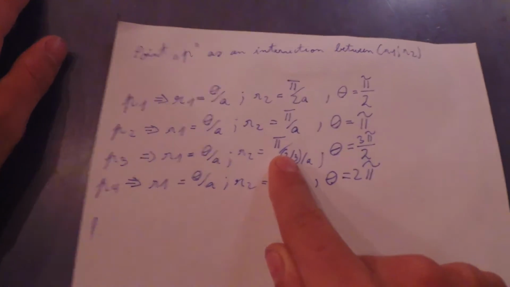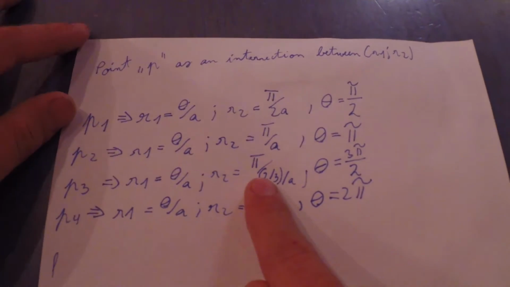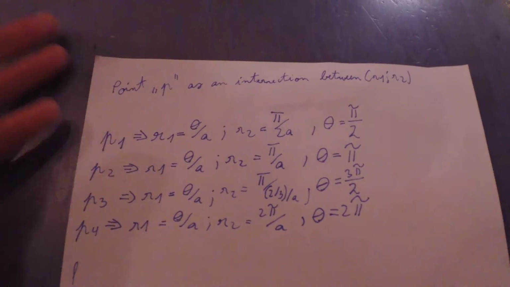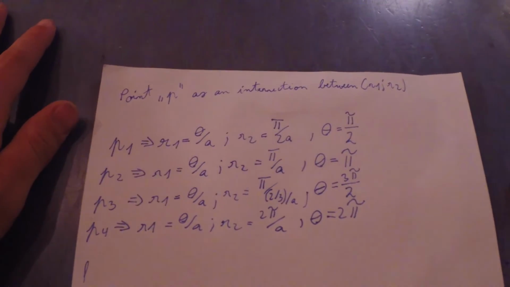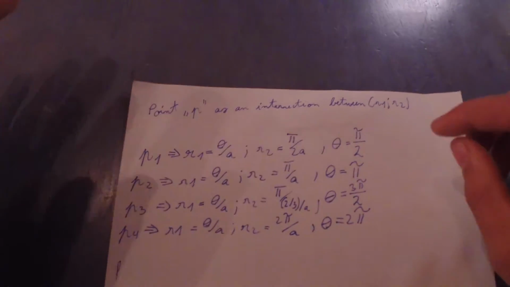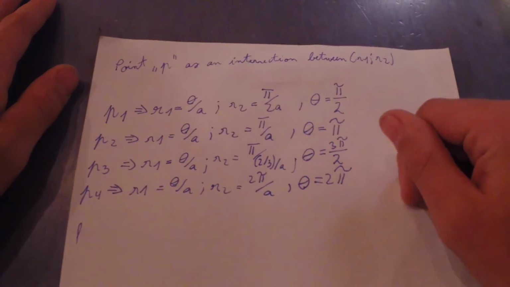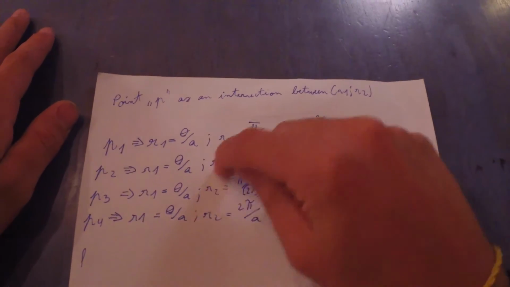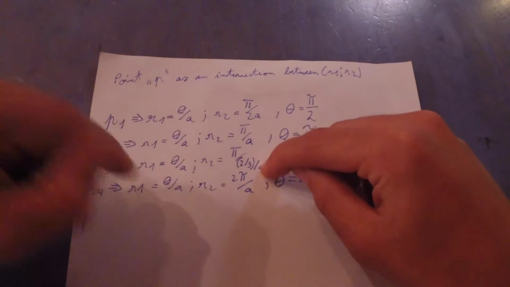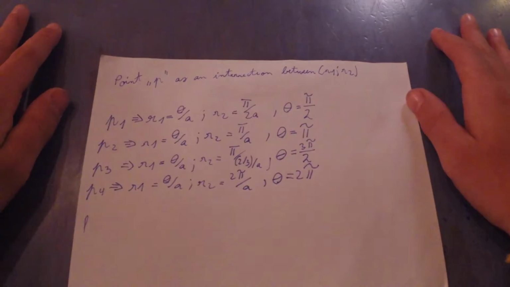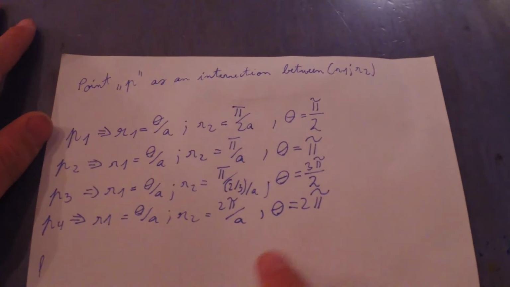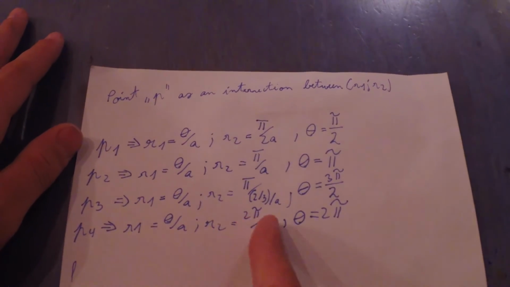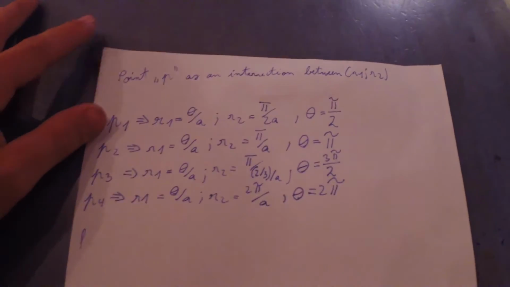I just left it natural, as we say, because pi over a satisfies pi over a. The third one, I took this relationship, this fraction 3 over 2, inverted it, and put it above pi in order to get my 3 up there. The a is just going to follow the symmetry. The fourth one, because we're working on 2 pi, I just multiplied my R2 by 2.